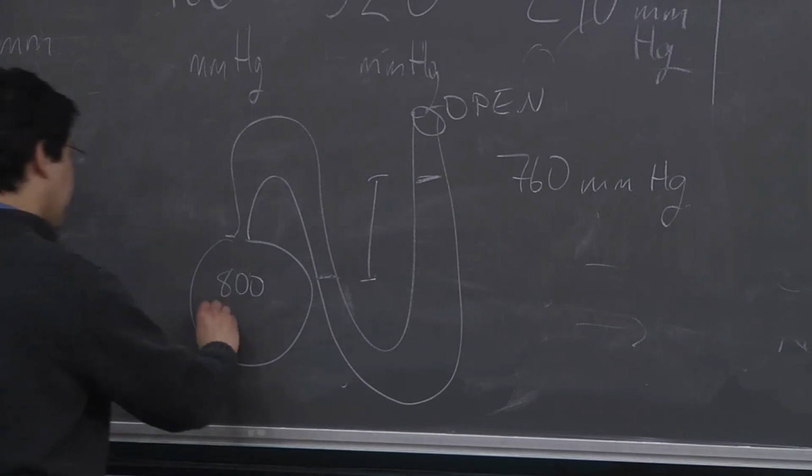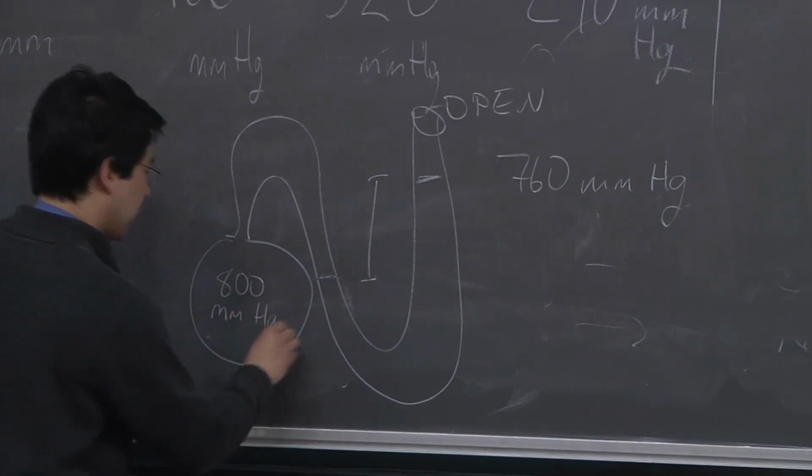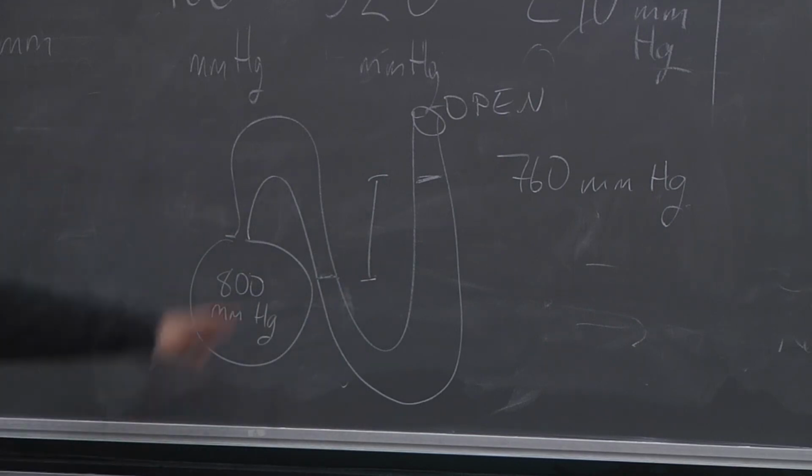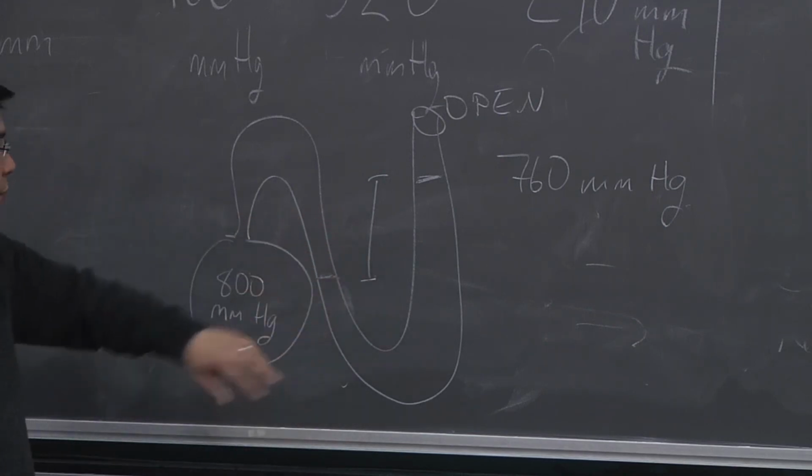Millimeters of mercury. Very good call. Numbers and units. Thank you. What's the distance? 40. It's going to be 40.